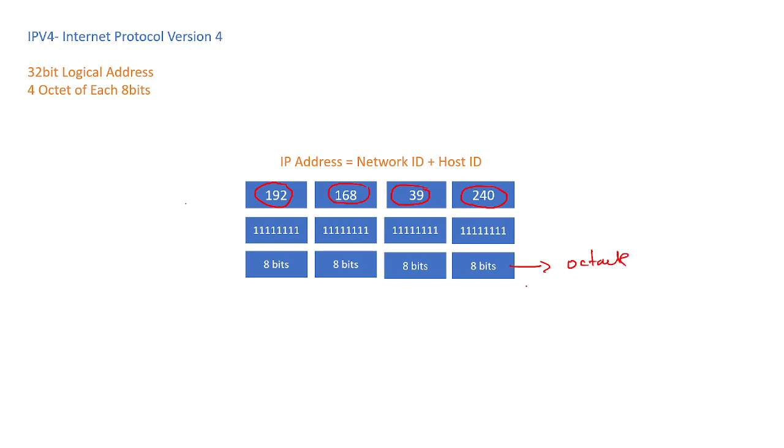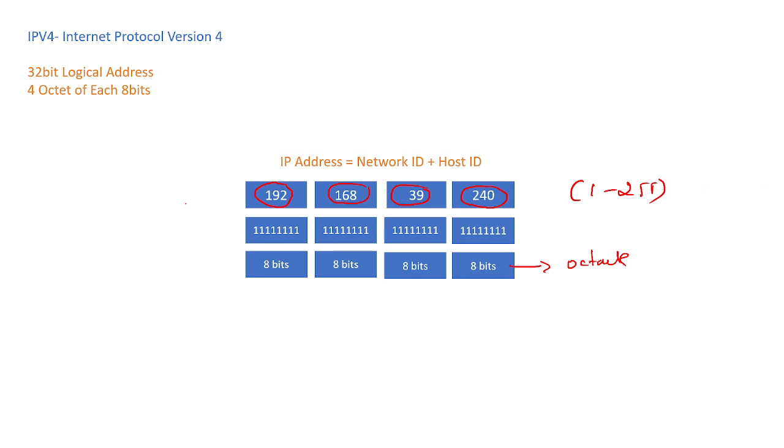Each octet number varies between 1 and 255 only. If the number is more than 255, here 192, instead of 192 if you have 256, then it is an invalid IP address. Or instead of 256, if you have 900, then it is an invalid address, because in IP version 4 each octet value should vary between 1 and 255.